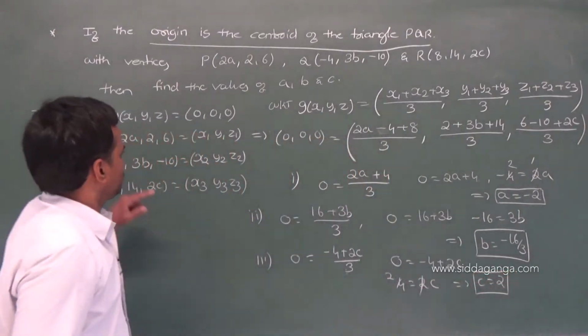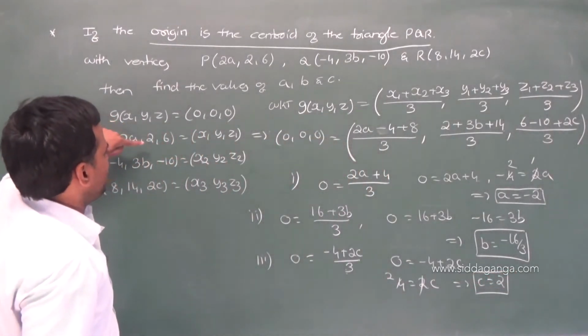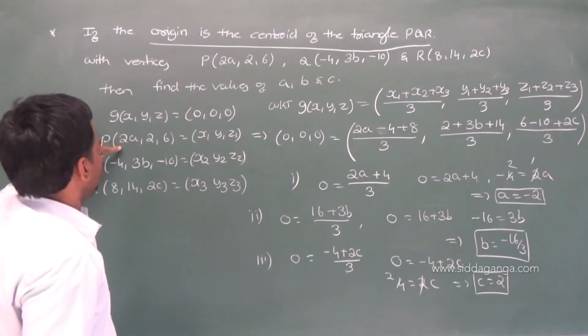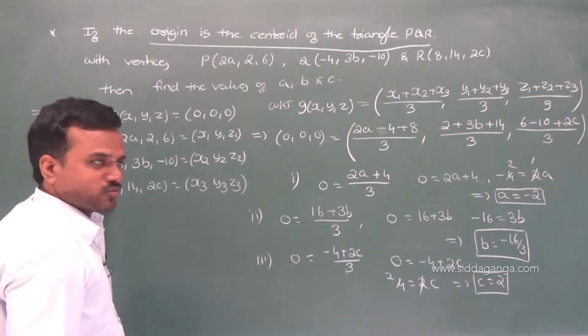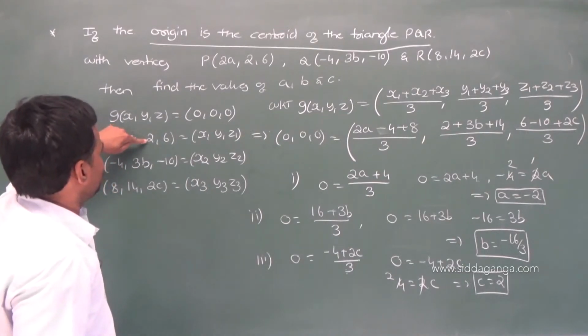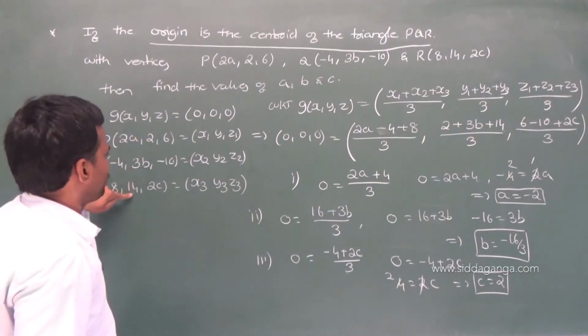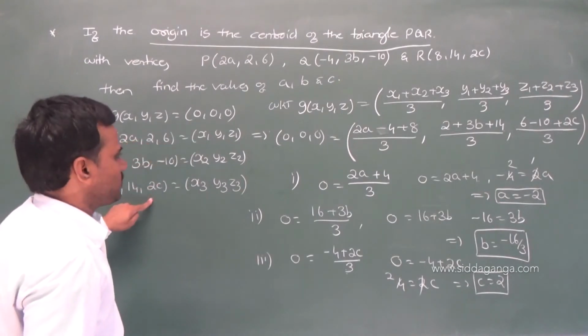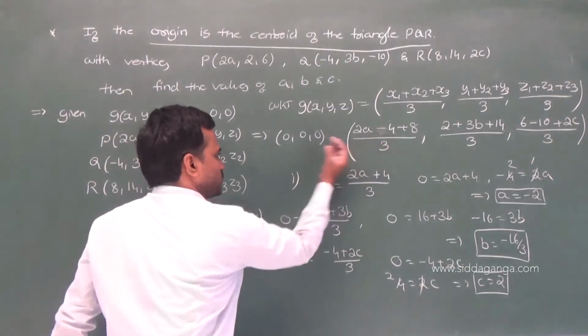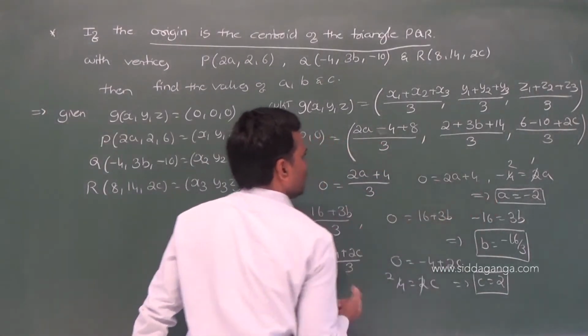See, observe here. We are equating the coordinates of x1. x1 is 2a, x2 is minus 4, x3 is 8. First point is over. y1 is 2, 3b, 14. Y coordinate is over. z1, 6, minus 10, 2c. Equating x coordinate, we got the a value.